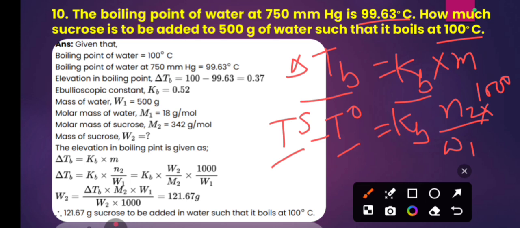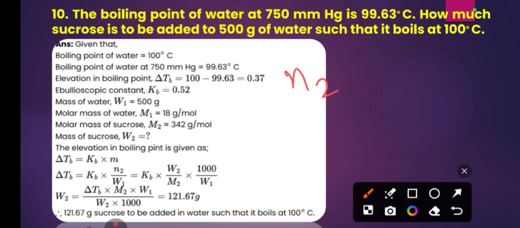If it is not given, then you should know its value is 0.52. KB is equal to 0.52. You can put here the moles of solute. How can you solve? Moles of solute N2 you have to solve here. W1 is given to you, 500 gram. So every value you have got, you can get the value of N2.